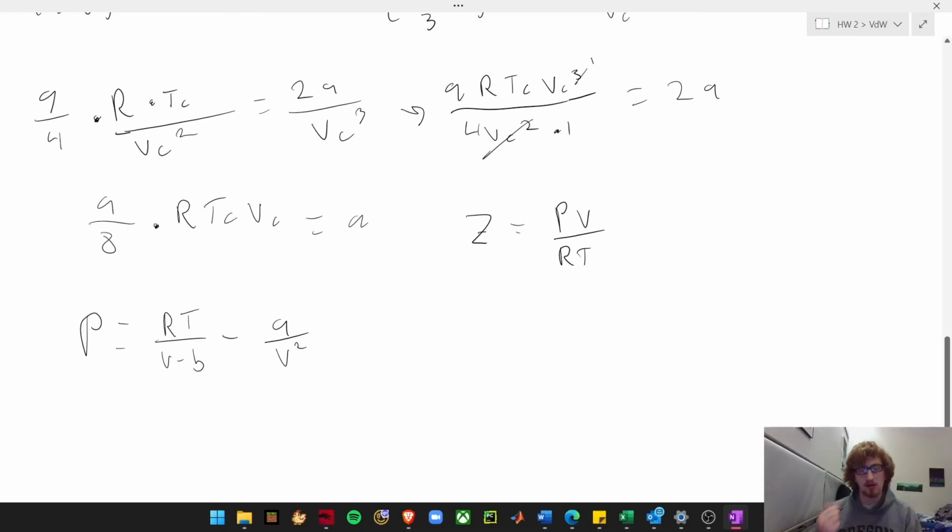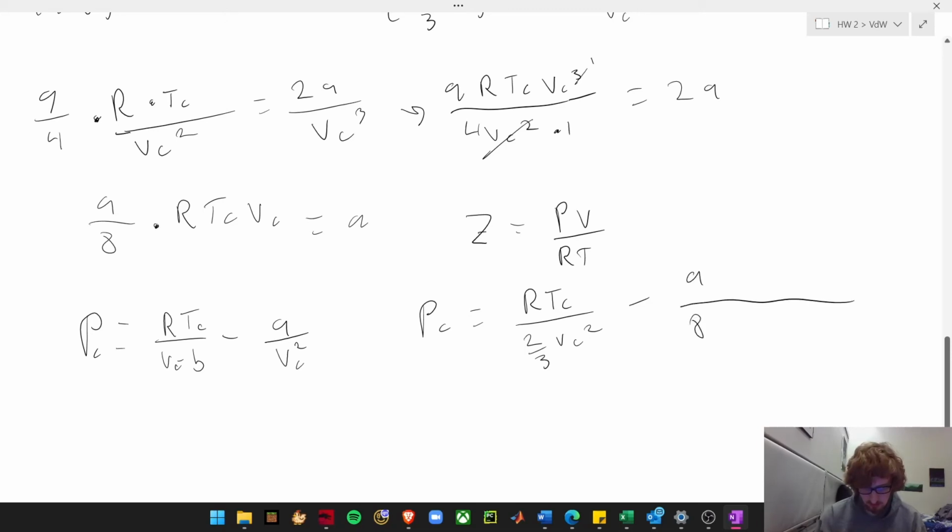And then if we're taking this at our critical point, we'll have our critical pressure, our critical temperature, our critical volume, and our critical volume again. And we can just plug in A and B. So we'll have our critical pressure is going to be equal to R times our critical temperature over 2/3 critical volume minus 9 over 8, and then this will be a bit long, R times our critical temperature times our critical volume over our critical volume squared.